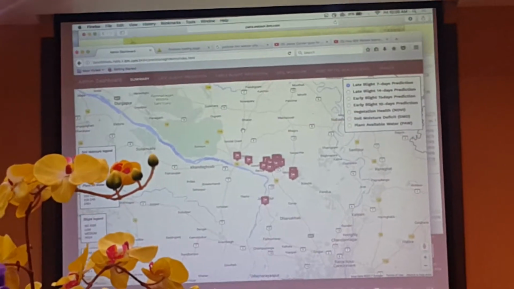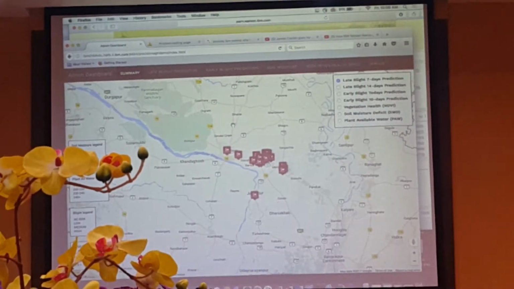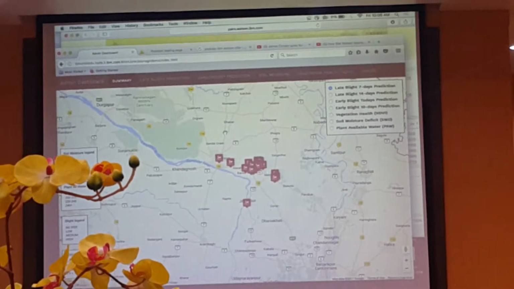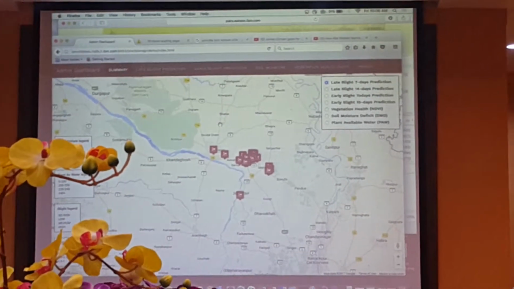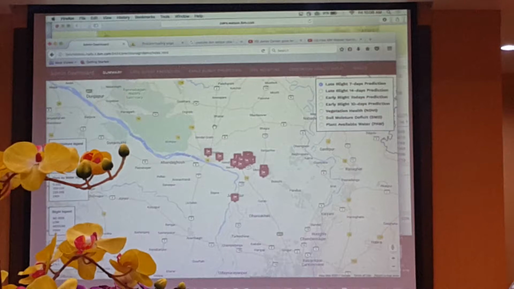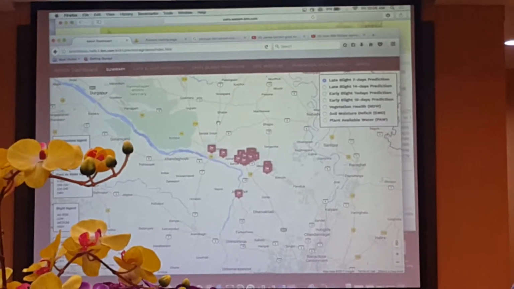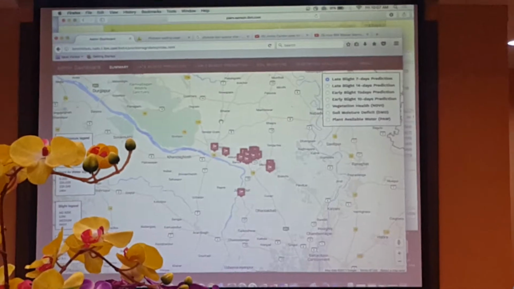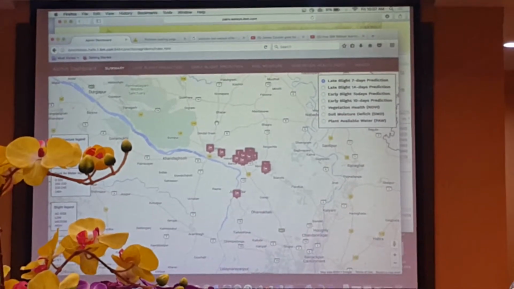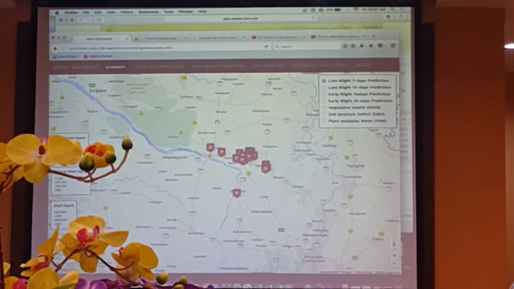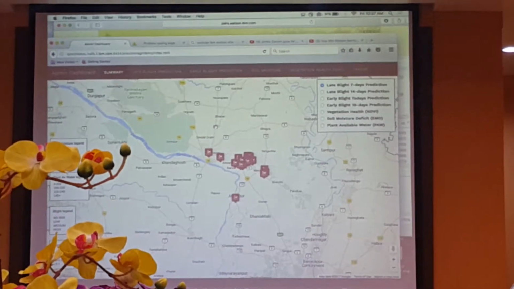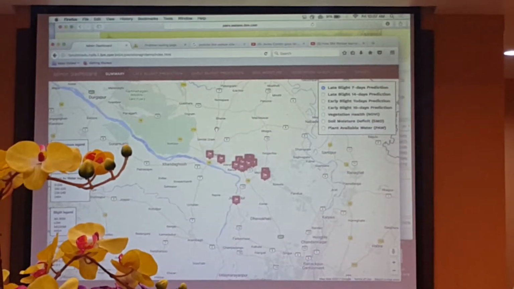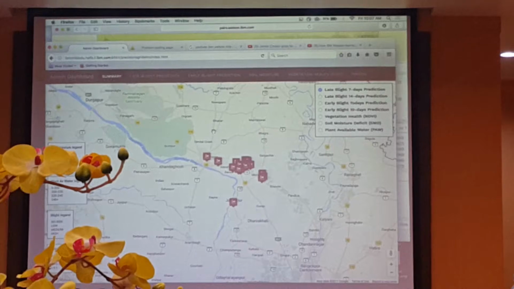So this is a case study that we have for this platform in one part of India where we implemented it. Now this is a very big piece of land. This is with a company, but this is in almost thousands and thousands of acres.